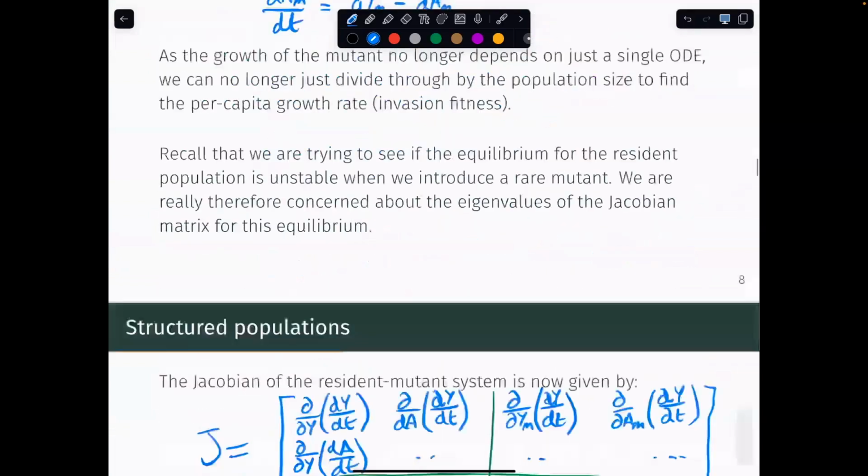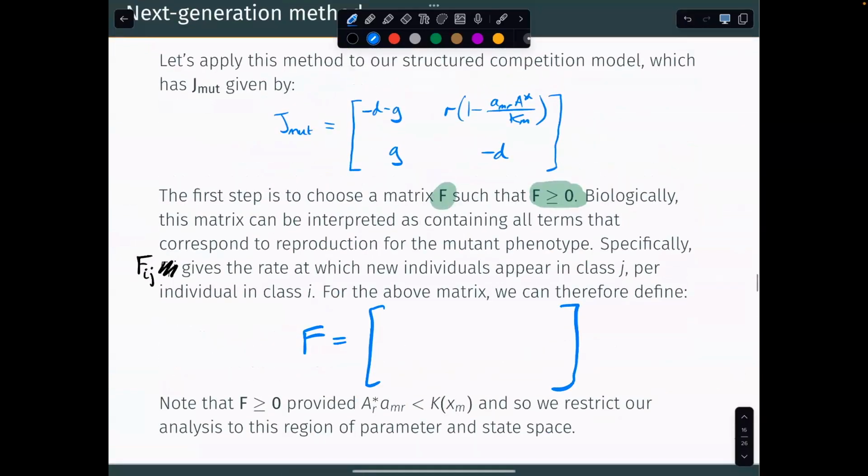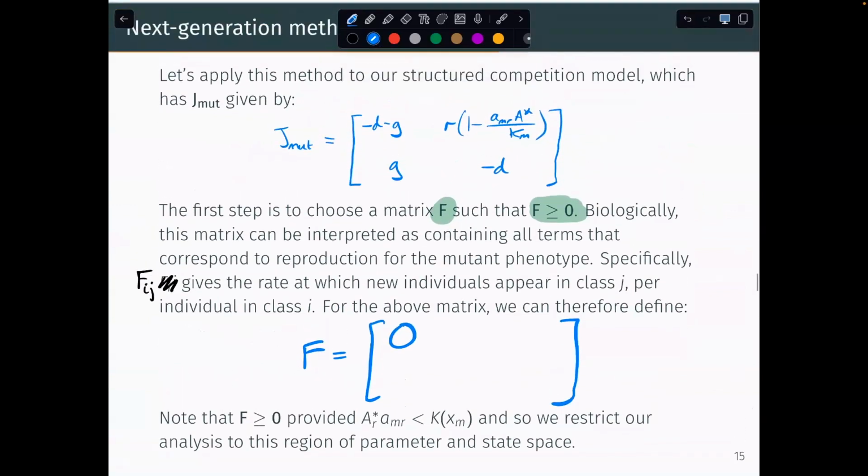Yep. Okay, so we've got deaths. In this particular case, it's death with respect to our young individuals. It's maturation of those young individuals. No new individuals are being produced. So because of that, this first entry of F is going to be equal to 0. Okay, remember we're defining these entries. The ijth element of this matrix F is the rate at which new individuals appear in class j per individual in class i, according to our Jacobian. Okay, so no new individuals are produced here.